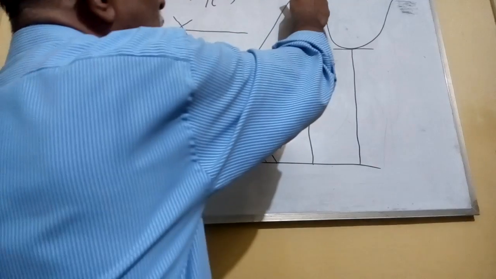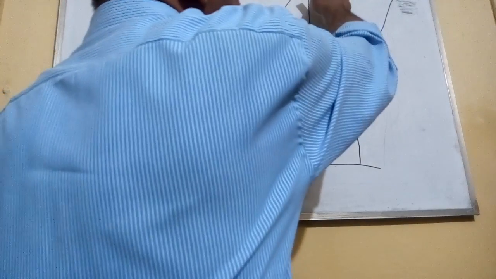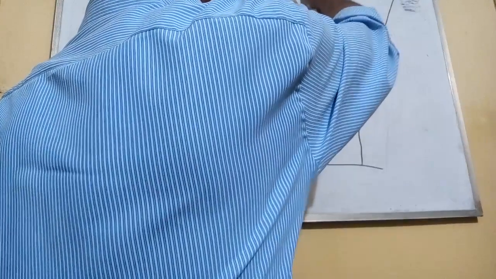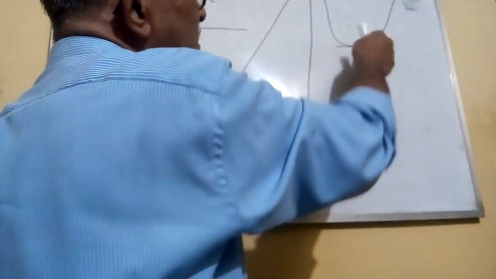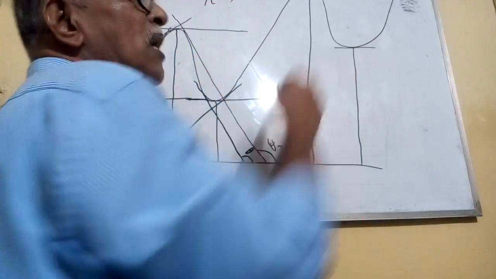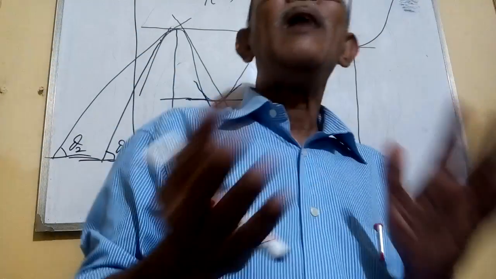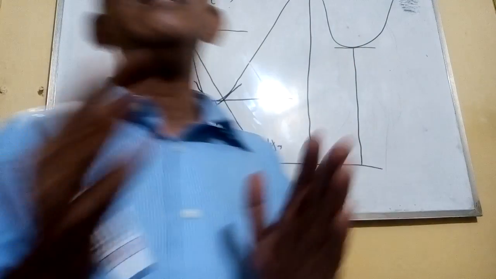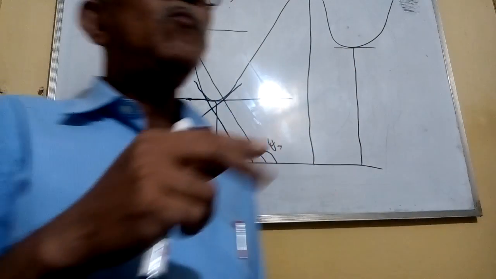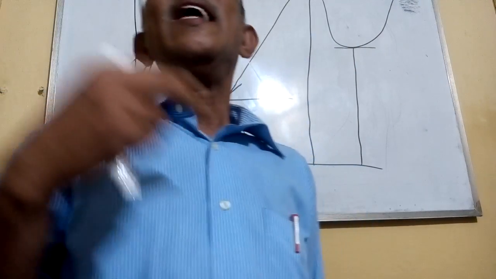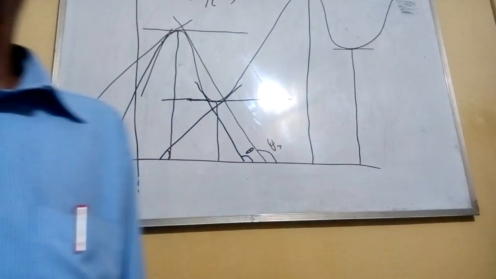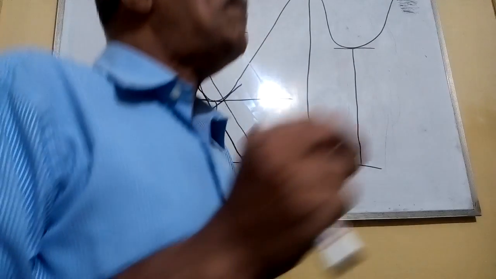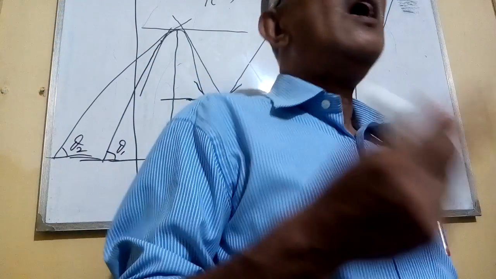And maxima and minima come alternatively. There cannot be two consecutive maximas. There cannot be two consecutive minimas. Maximas and minimas are coming alternatively.